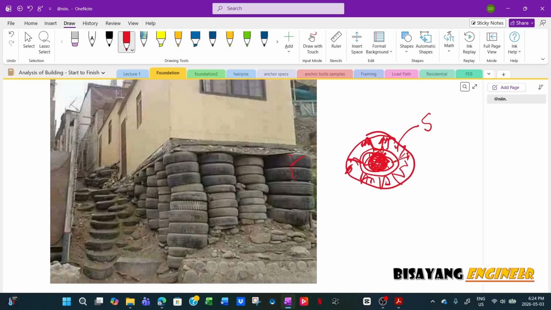So to me, as long as it meets the sliding and overturning criteria, because that's what's critical, and if this is not located in a seismic region or a hurricane-prone region, then that should work.